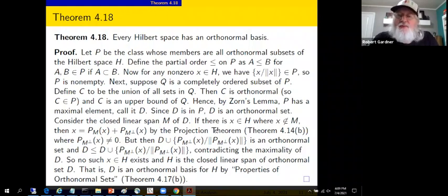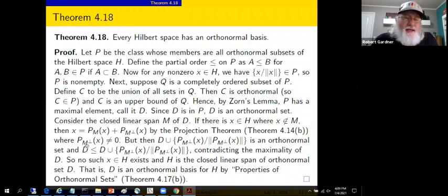I think that's what we needed for the projection theorem. Well, we've got that. It involves a linear span, so we've got closure under the appropriate stuff. So we can take X and write it as the sum of these two projections. The projection onto M perp would have to be non-zero, or else X would be an element of M itself.